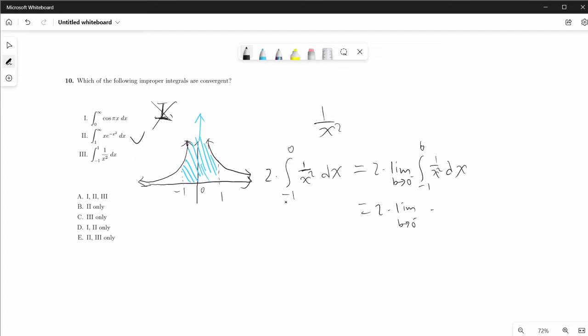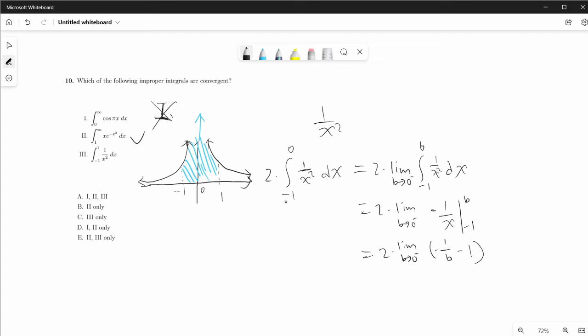That would be negative 1 over x, evaluated from -1 to b, and then plugging b in. B minus, negative, so it'd be -1.